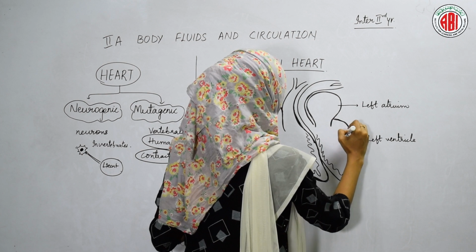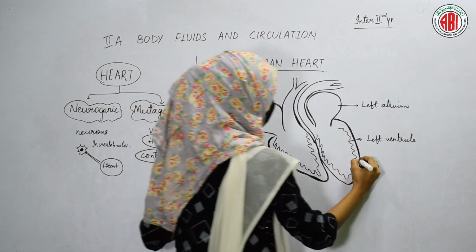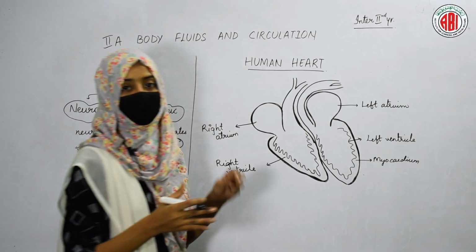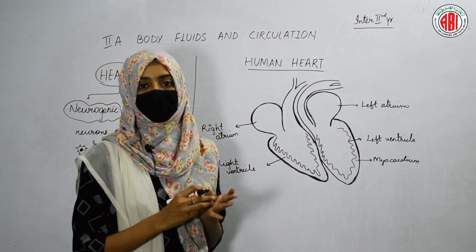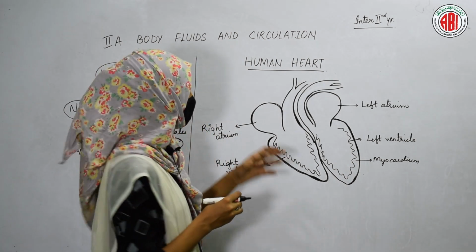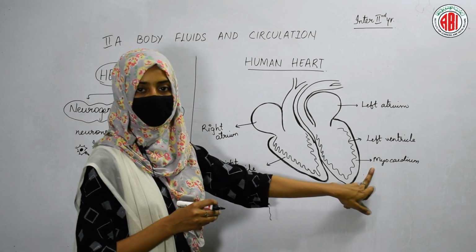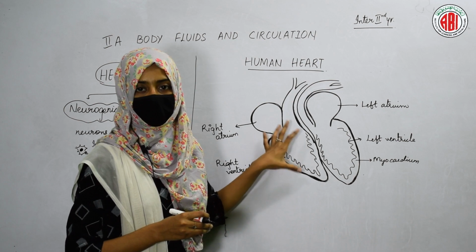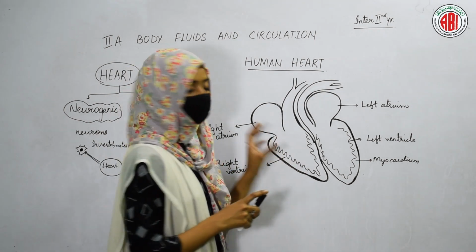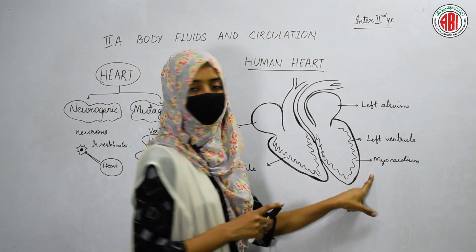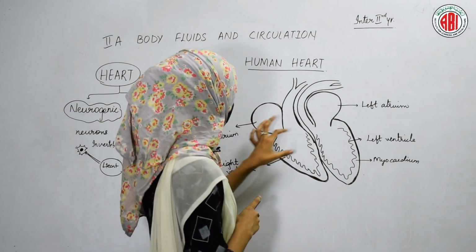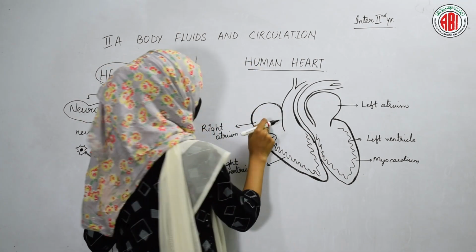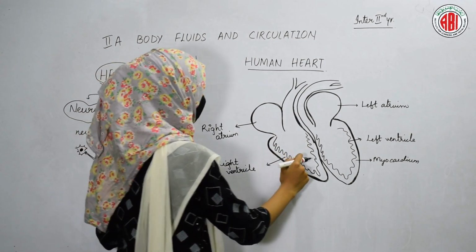Below the epicardium, a layer is present which is made up of many thick muscles, and this layer is termed the myocardium. So this layer is made up of irregular shaped muscles. Here we can see the columns of muscles in the myocardium, which is specially present in the ventricle region, right? So the atrium and ventricle are present.